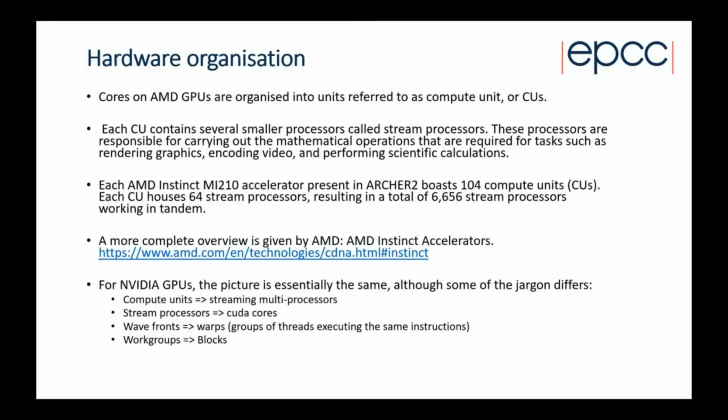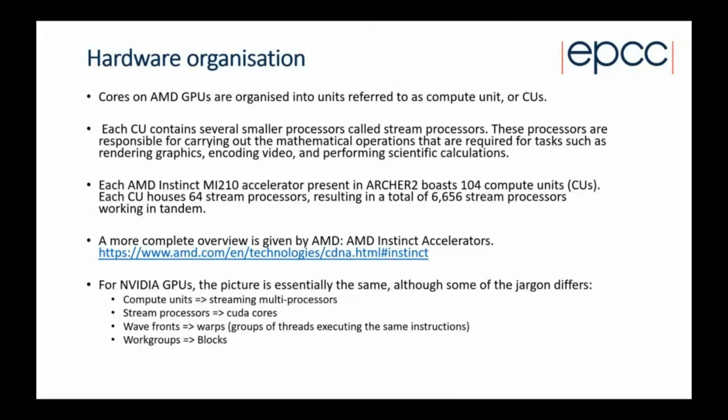And this is the most confusing, but a stream processor is a CUDA core. Try not to confuse a streaming multiprocessor and stream processors, because they are at different levels. A CUDA core is the same as a stream processor, so this is an individual core physically on the hardware, or a single thread of execution is the simplest way to think about those two.